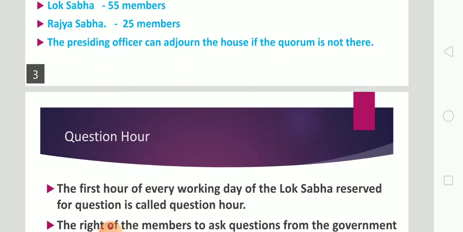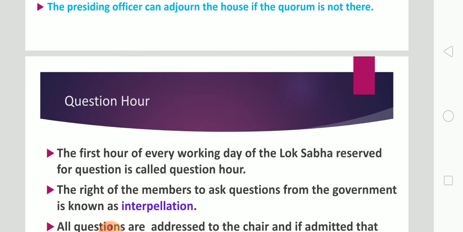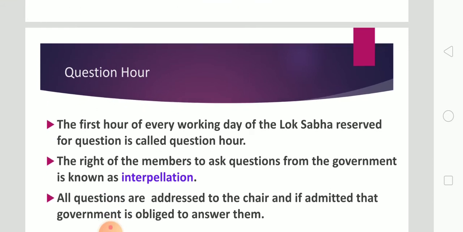Now the third parliamentary procedure, third term is question hour. The meeting of the parliament of a day is starting from 11 o'clock in the morning. From 11 o'clock to 12 o'clock, the first hour of every working day of Lok Sabha reserved for the question is called question hour.